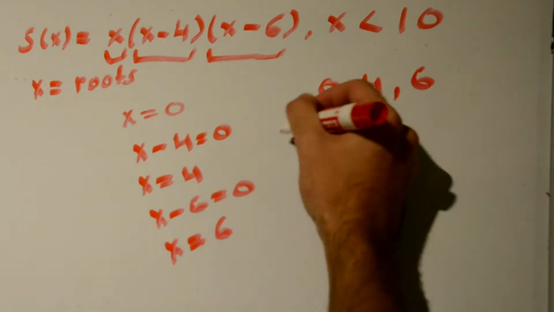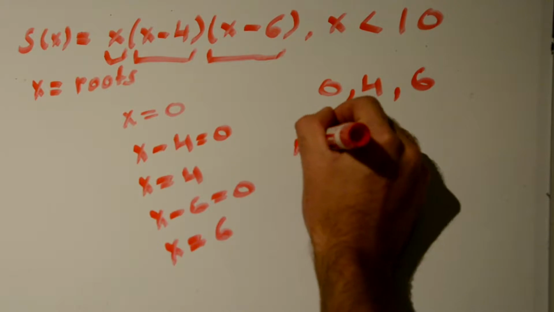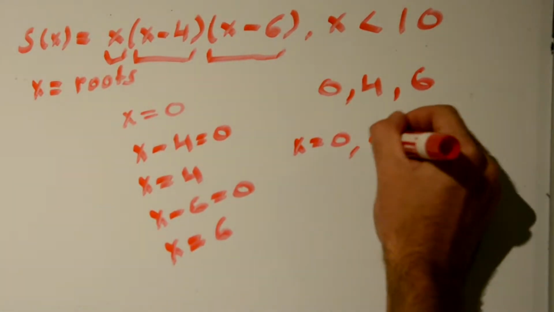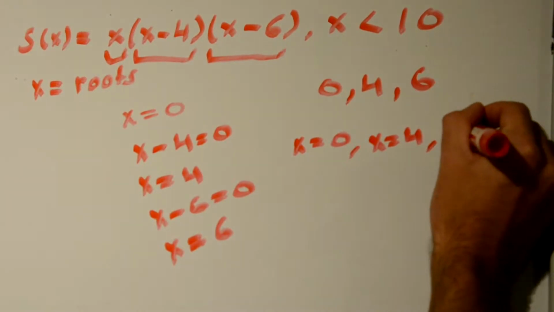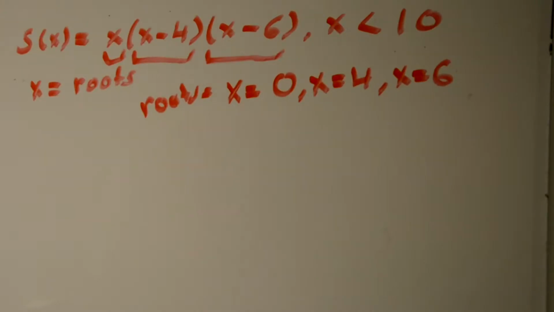So the roots are x equals 0, x equals 4, and x equals 6. Therefore, our cubic function is equal to 0 when x is equal to 0, 4, and 6.